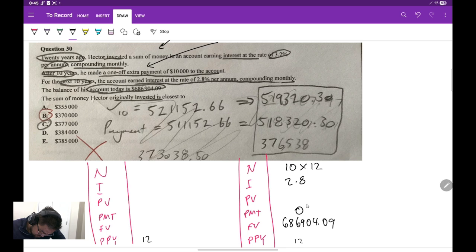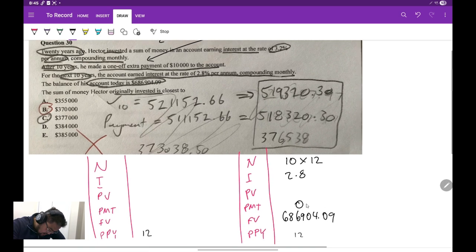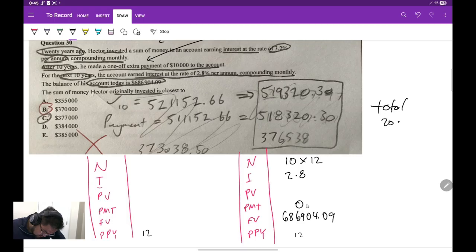So if we look at this situation here, we're going to just fill in the extra information from the other side. So total, 20 years. It looks like it's 10 times 12 here as well. And it's 3.2%. And the payments will be 0.